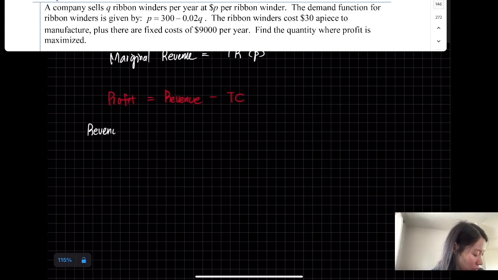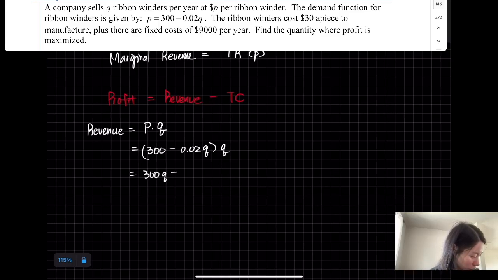Revenue is equal to the price times the quantity that you sold, so it should be P times Q. And we know there's a demand function, P is equal to 300 minus 0.02 Q, so I can substitute P with 300 minus 0.02 Q into our function. So I have a revenue function.